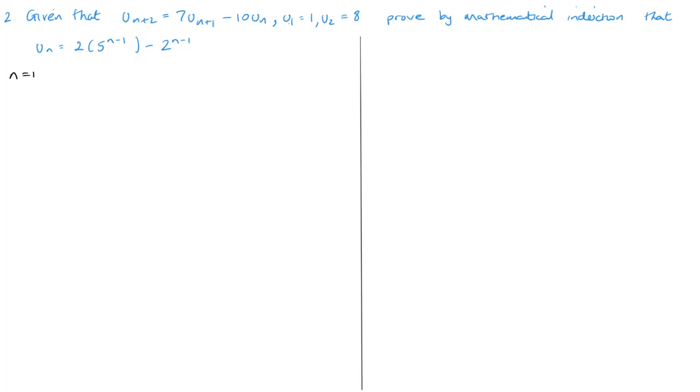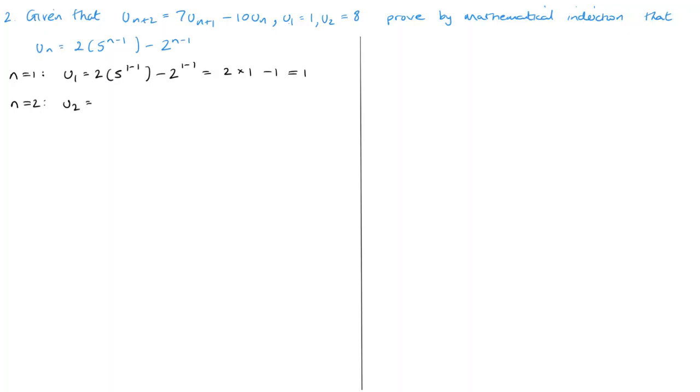Okay, so n equals 1 first of all. So u1 is 2 times 5 to the power 1 minus 1, minus 2 to the power 1 minus 1, which is 2 times 1 minus 1. So 2 times 1 minus 1 is 1. n equals 2.